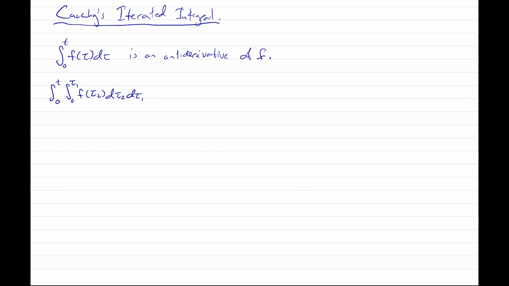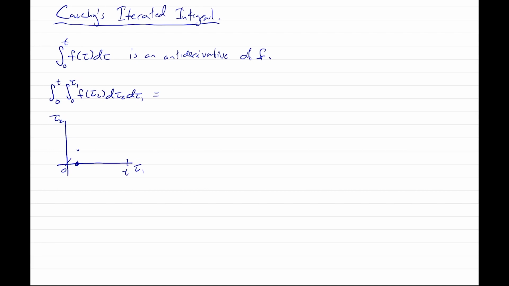Okay, now I'd like to be able to write this as a single integral. And we can actually do that if we exchange the order of integrals, and let's see how you do that. So if I fix tau 1, for instance, where tau 1 goes from 0 to t, tau 2 is going to go from 0 to tau 1.